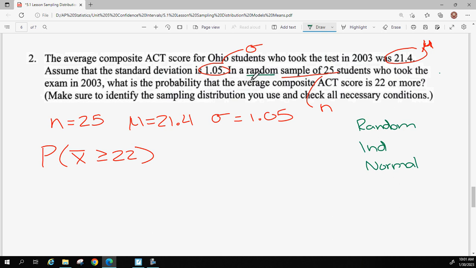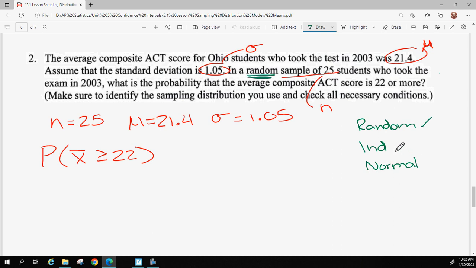And so we've been told that we have a random sample, and so if I were to do this in a formal setting like a test, or in your practice, you should do this in practice, I would say that the 25 students were sampled randomly. Check.